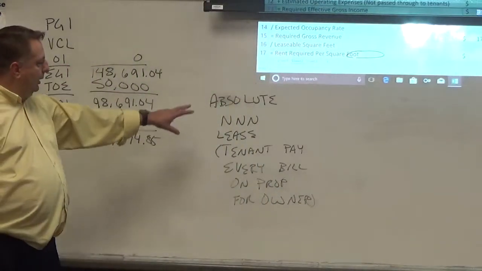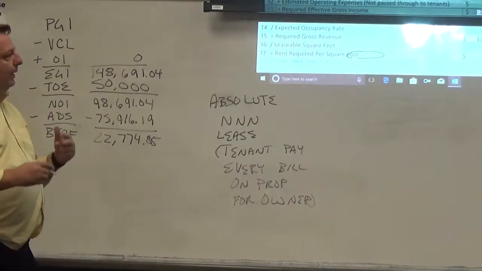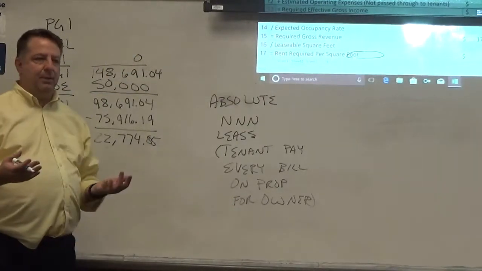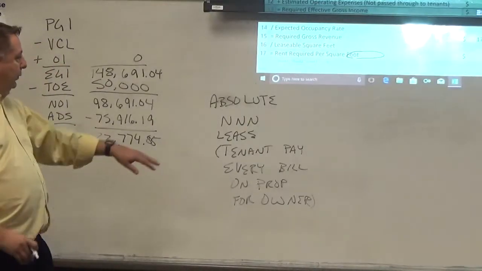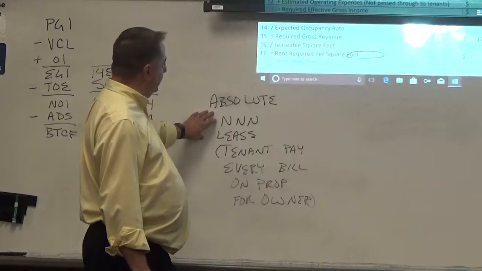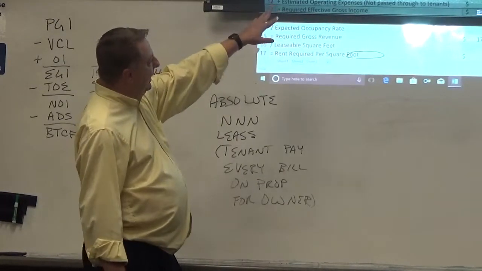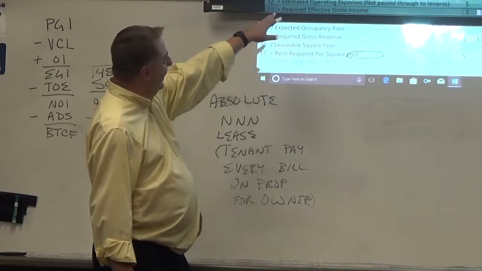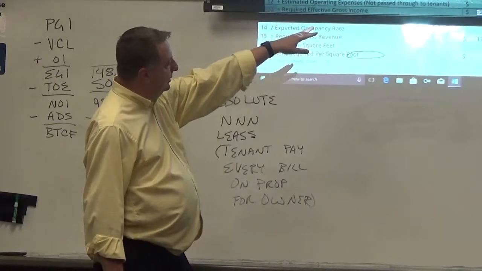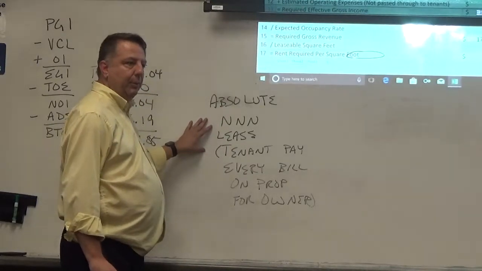Okay, and so the point with the model here is we're saying that $50,000, so we don't have a situation where, if the landlord is having to actually pay $50,000, then that means that it's definitely not an absolute triple net.